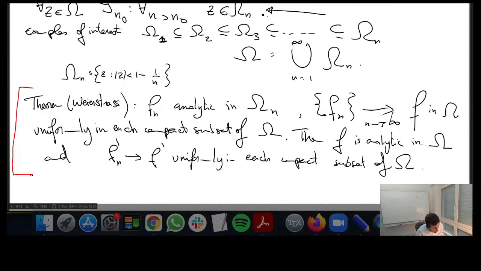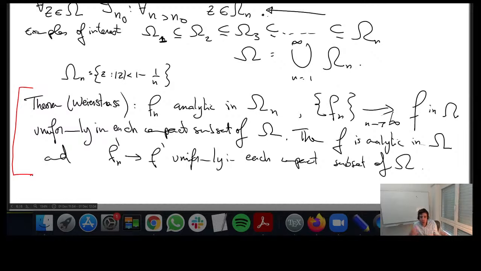The other reason why uniformly in each compact set is enough is that because of the Cauchy integral formula, or say Morera's theorem, we can argue that a function is analytic via integral formulas. For example, if a function's integral is 0 around any closed curve, then it must be analytic.